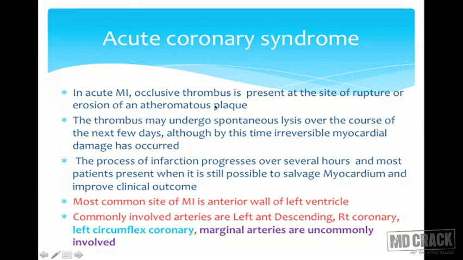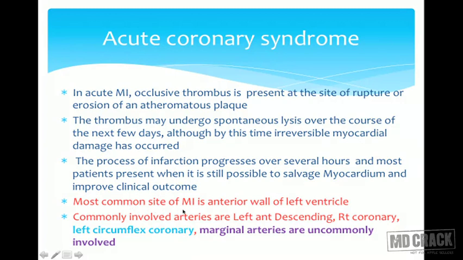The thrombus may undergo spontaneous lysis over the course of the next few days, although by this time irreversible myocardial damage has already occurred. The process of infarction progresses over several hours, and most patients present when it is still possible to salvage some portion of the myocardium and to improve clinical outcome.